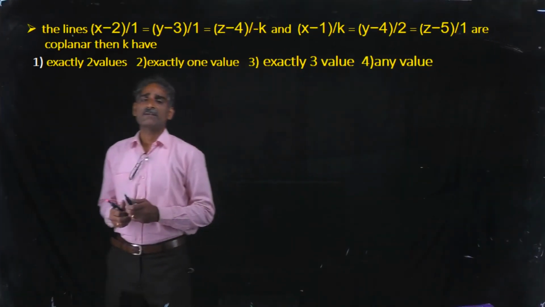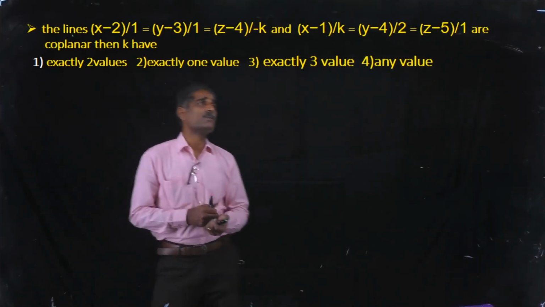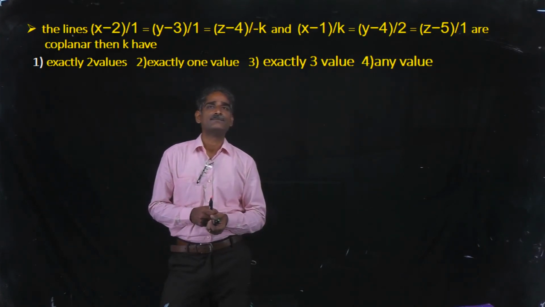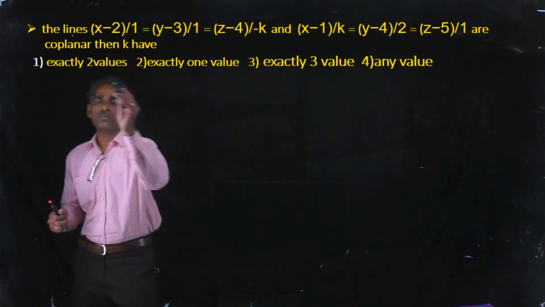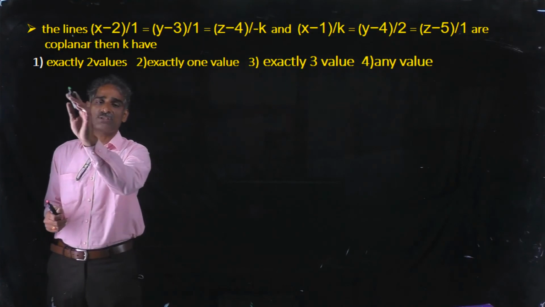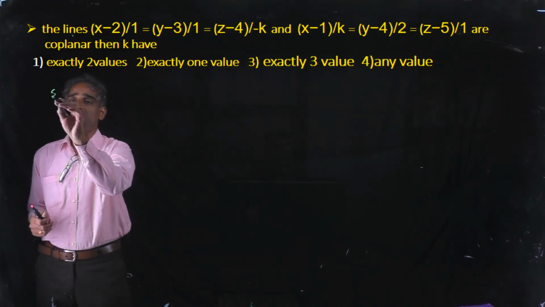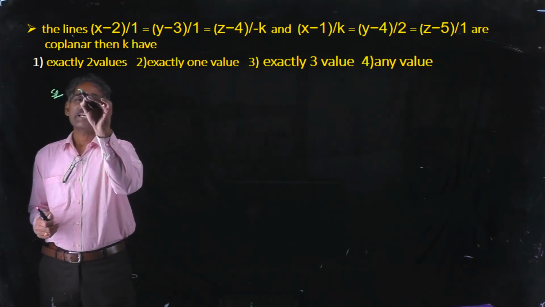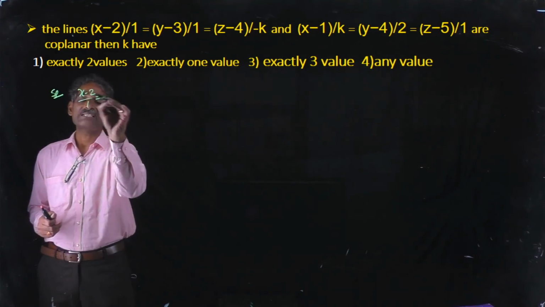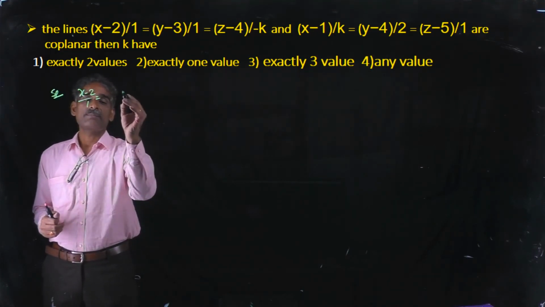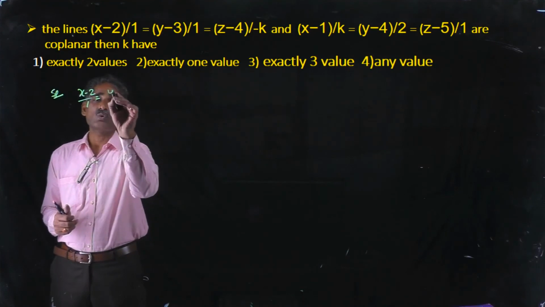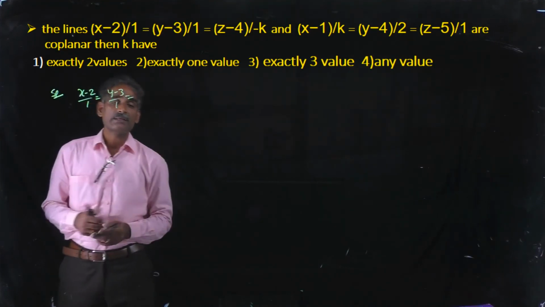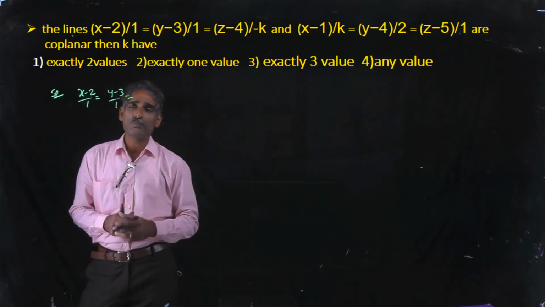Okay. So here the two lines are coplanar, find k. So first of all observe what is the point on the first line. What is the first line? x minus 2 by 1 is equal to y minus 3 by 1 is equal to z minus 4 by minus k.